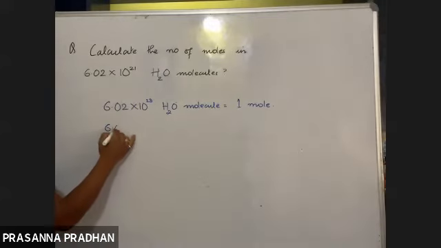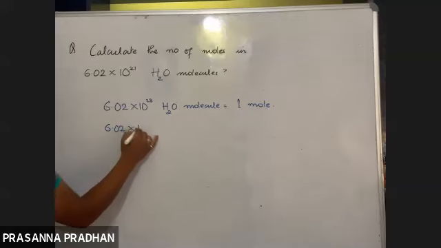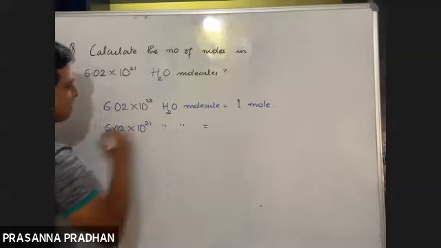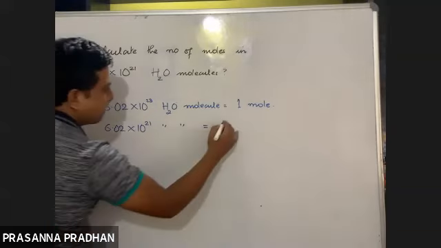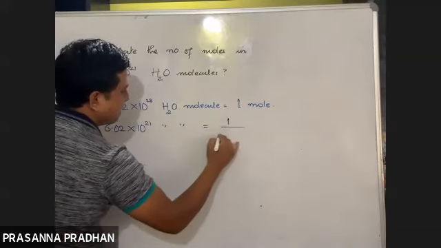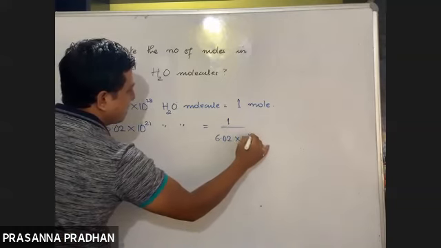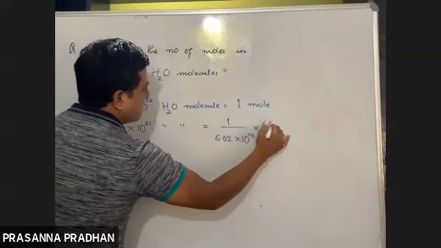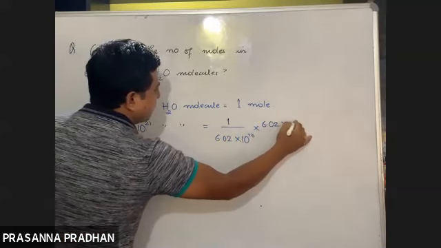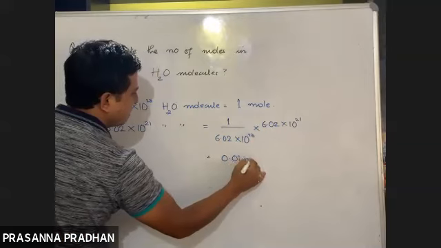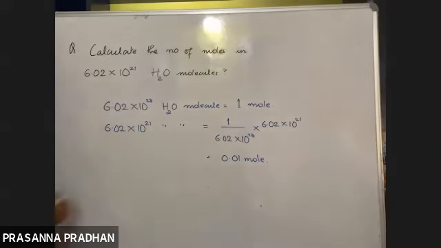Therefore, unitary method: 6.02 into 10 to the power 21 water molecules is equivalent to how many mole? So I'll use the simple concept of unitary method here. 1 divided by 6.02 into 10 to the power 23, multiplied by 6.02 into 10 to the power 21. This will come out to be 0.01 mole.